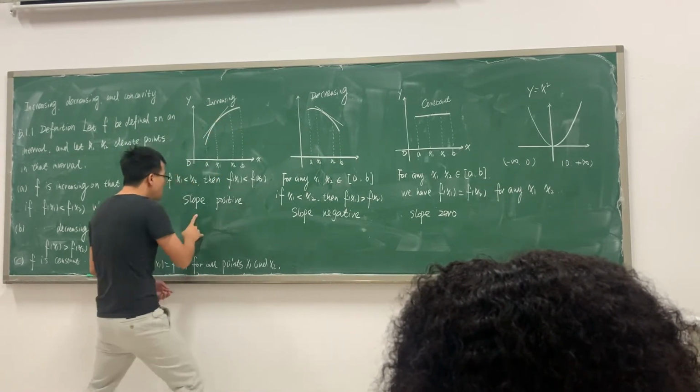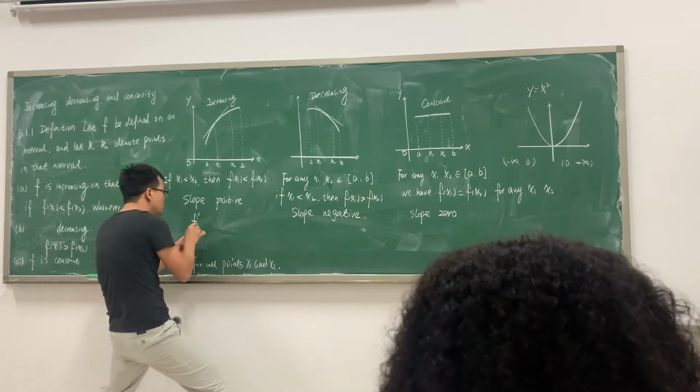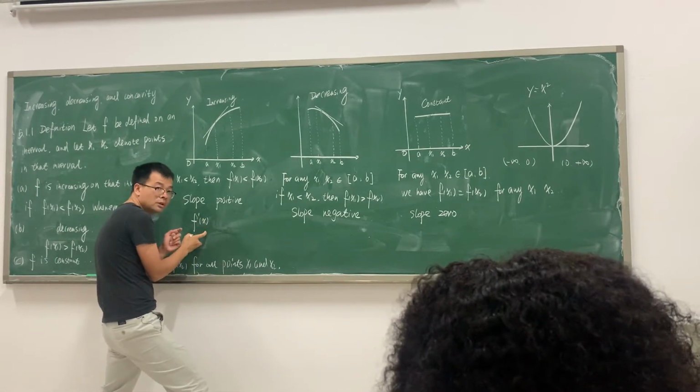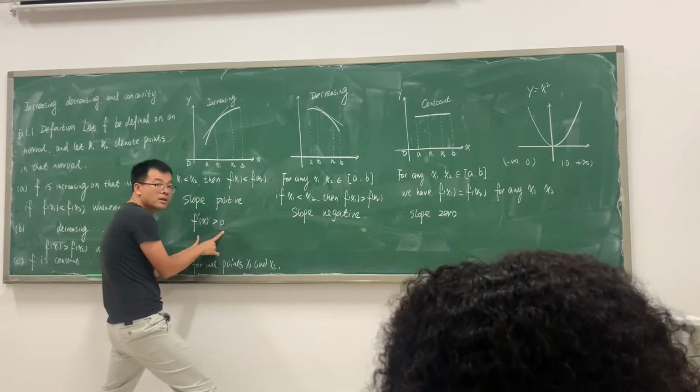Yeah. So here means what? Here this slope actually is f prime x. Here this is the slope. Yeah. The slope positive means greater than 0.